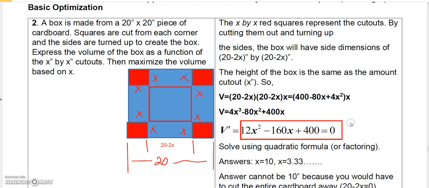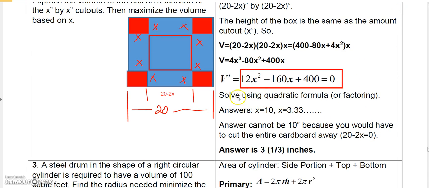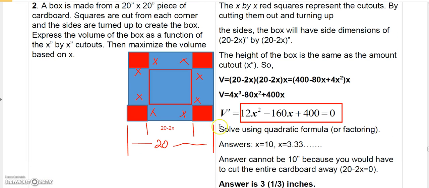Now, you can solve this by using the quadratic formula or factoring. If you factor this and solve it, you'll get two answers: x equals 10 or x equals 3 1/3. Now, the answer can't be 10, because if you let x be 10 and put 10 in here, you'd have 20 minus 2 times 10, that would be 20 minus 20.